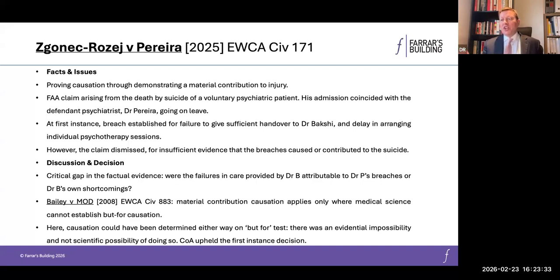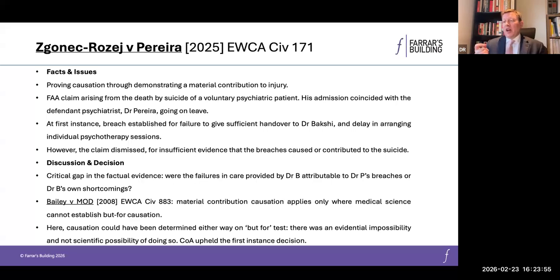The important general principle to extract from that is that the case clarifies the scope of a material contribution doctrine that Bailey and the Ministry of Defence established. It reinforces that. It's not particularly new, but it reinforces that material contribution is not an alternative to but-for causation to assist a claimant.